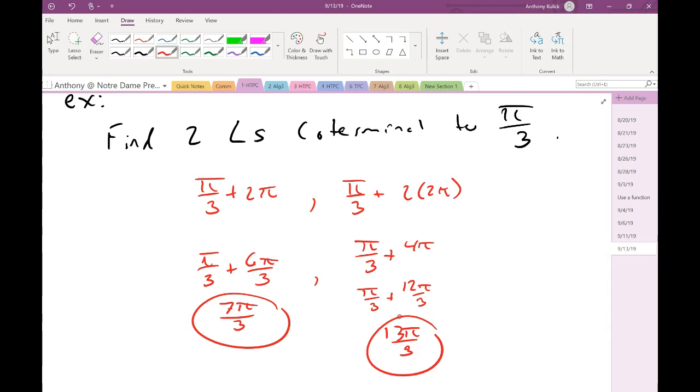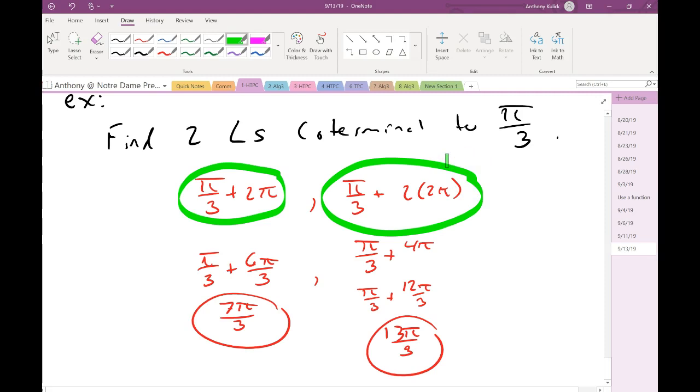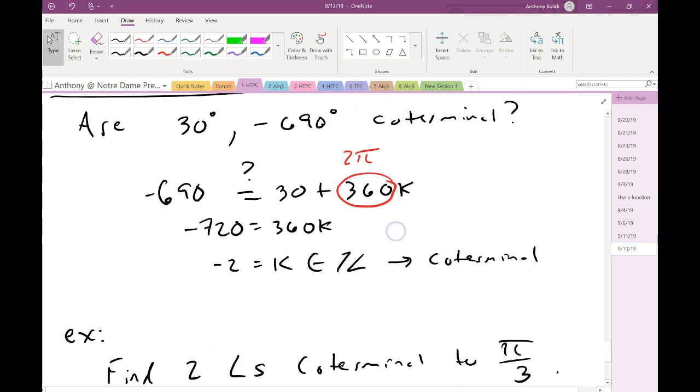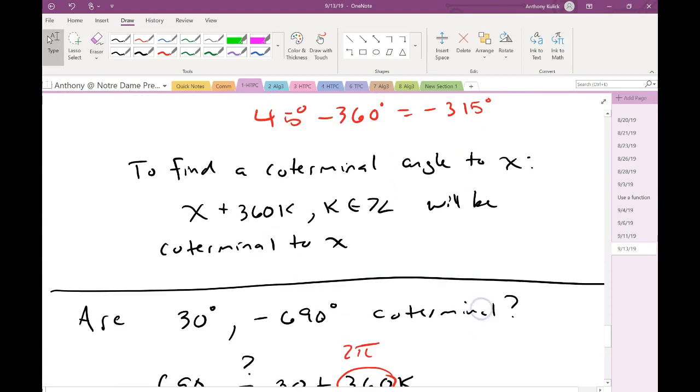Everybody okay with what we did there? How I got those things? Yeah. So I used this idea, but I know that 360 degrees is the same as 2 pi radians.